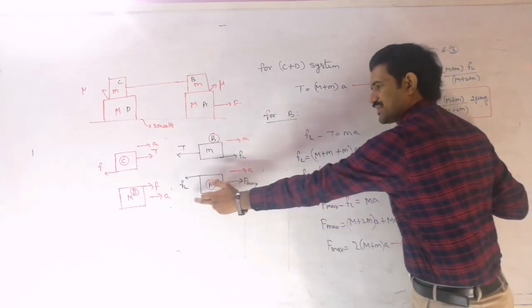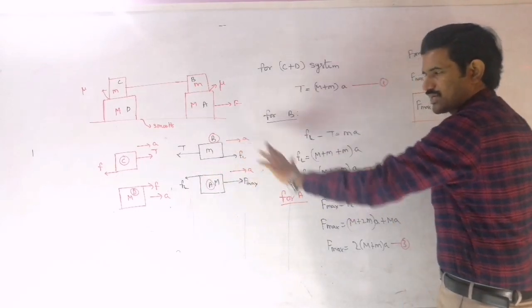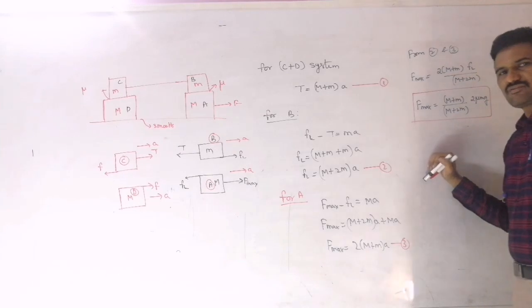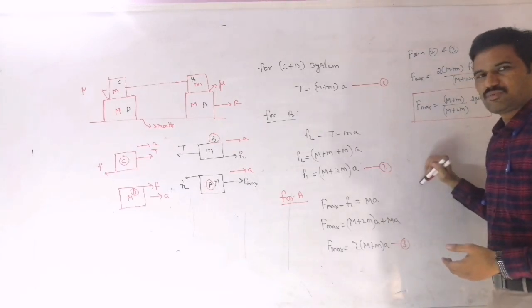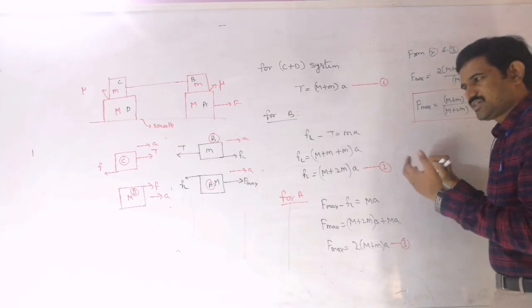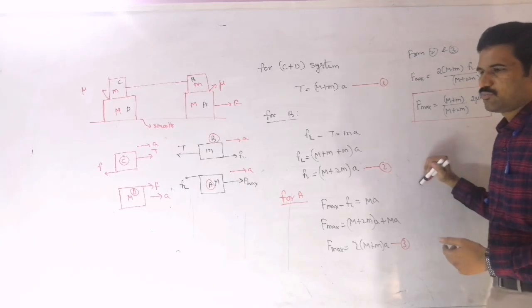There won't be any further increase in this FL value, so the acceleration of this small m cannot increase further. That means there will be some slipping between blocks A and B if you apply a force more than that.